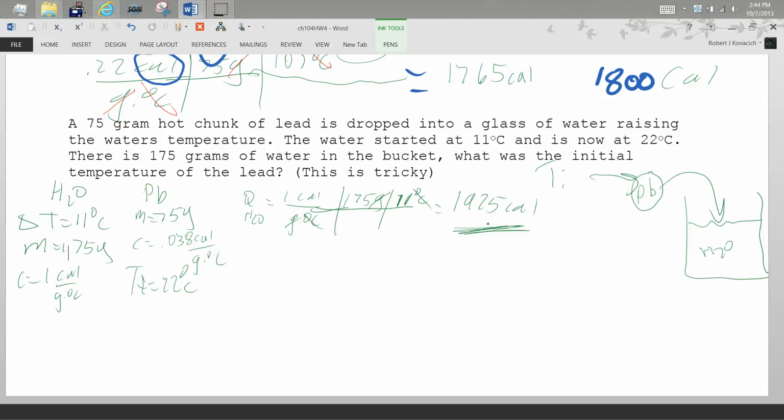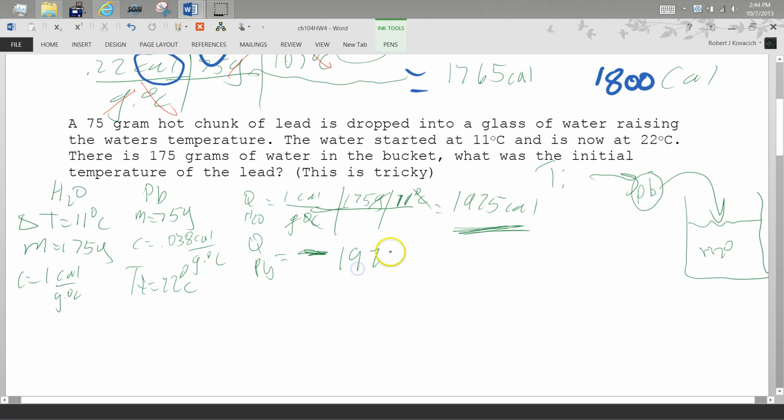If the Q of the water is 1925, what's the Q of the lead? Negative 1925, right? It lost that much heat. That heat had to go somewhere, and it went from the lead to the water.